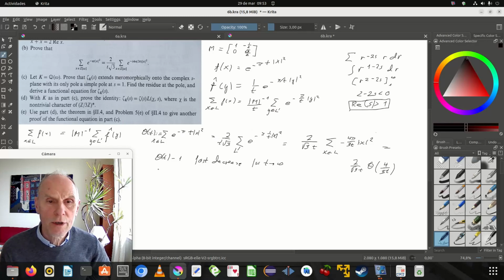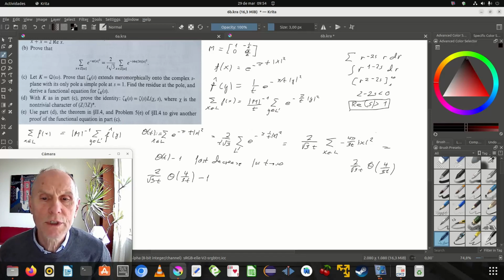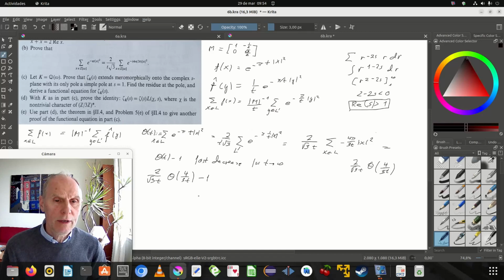And that means that 2 divided by square root 3t theta of 4 divided by 3t minus 1 has fast decrease for t tending to infinity. And that means that, what does that mean?